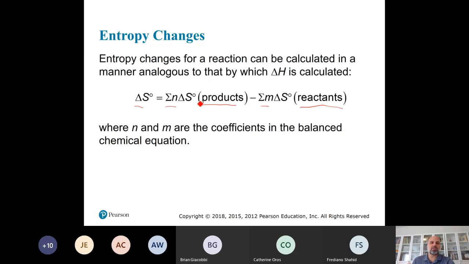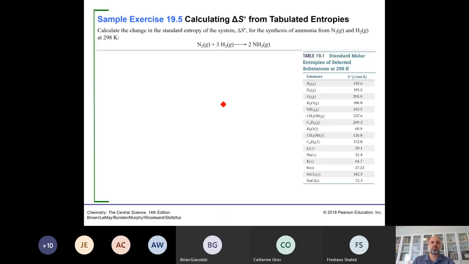Well, the same thing exists here when we look at entropy. We just plug in the entropy of all of our products minus the entropy of all of our reactants, and we're able to calculate the overall entropy change of a reaction. And again, remember n and m are just the coefficients in the balanced chemical equation, so it's just a summation of all of our molecules in the reaction.